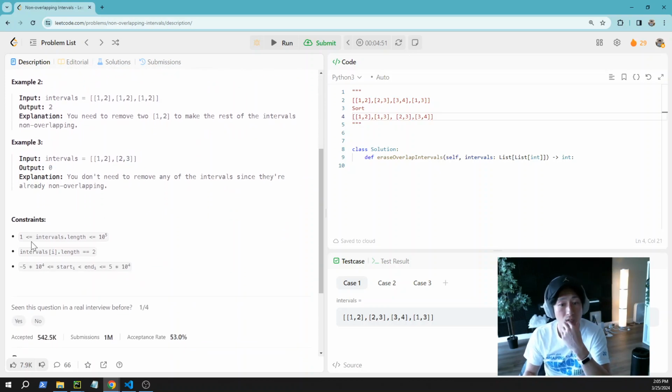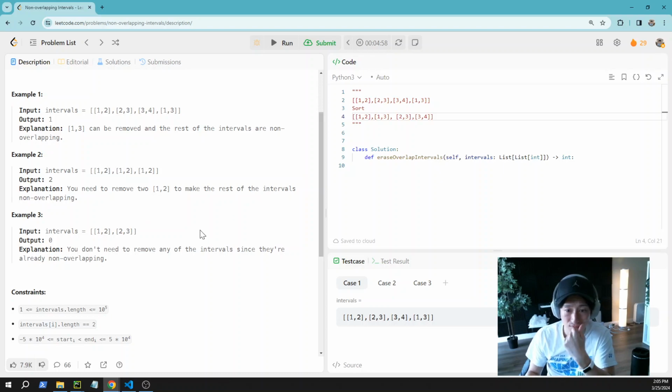That's gonna work. And we are always gonna have at least one interval. So in that case, if we assume the edge case would be only one interval, what's gonna happen? Well, I think I'm gonna initialize the previous ending with the first element, because I need to compare all the time, and then I'm gonna do the iteration from the second element.